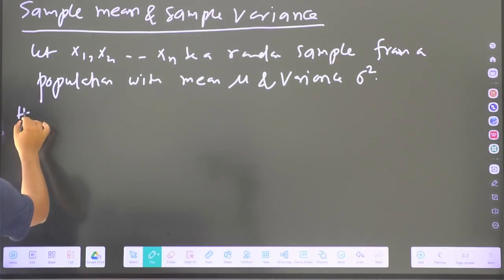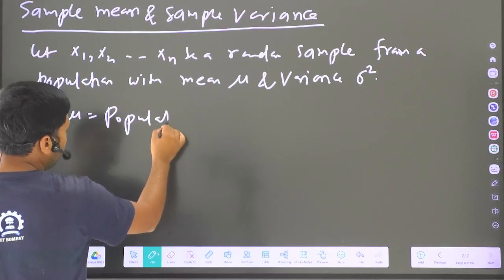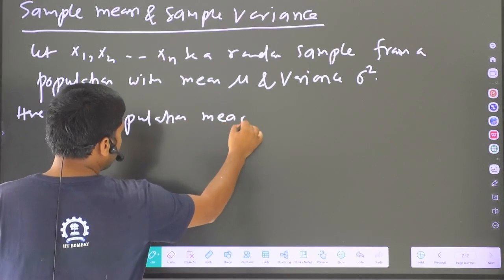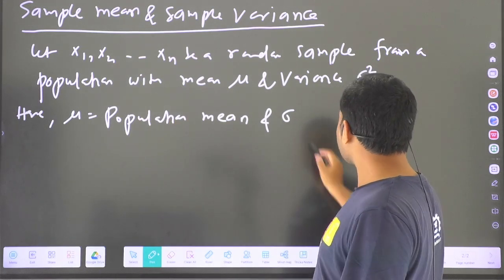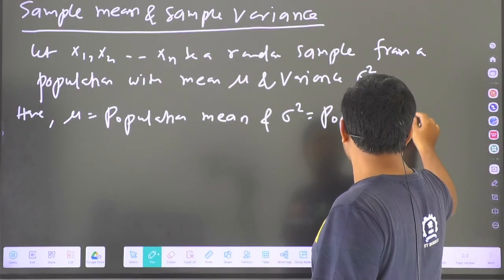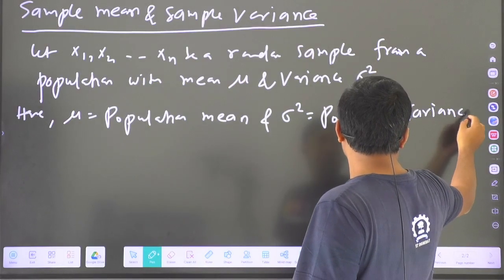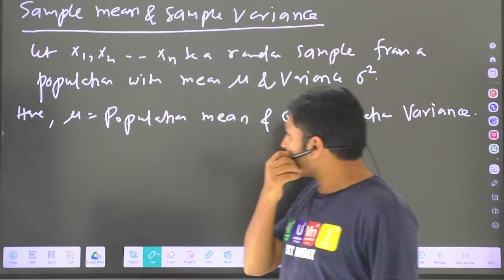Here mu is called the population mean and sigma square is the population variance.